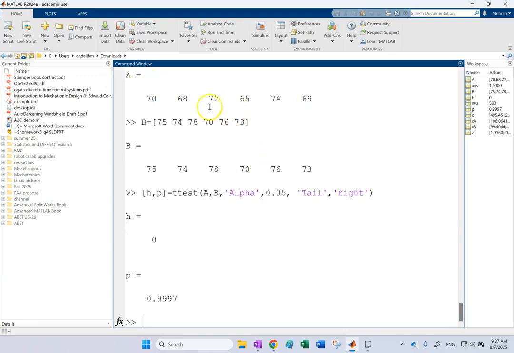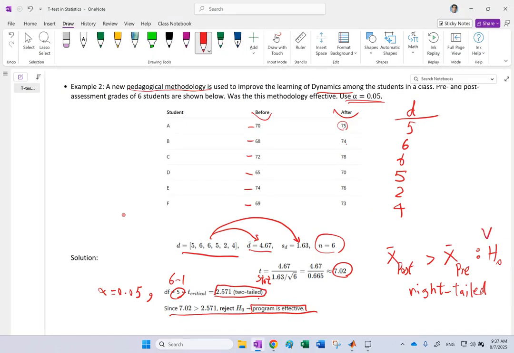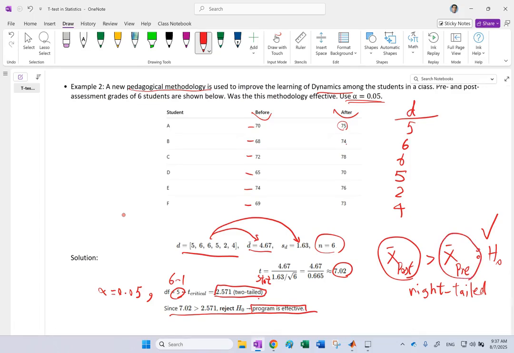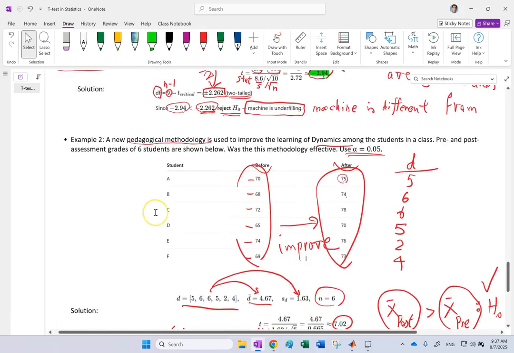These are the data for group A and B, and I did a right tail with 0.05, and look here, your H becomes 0 and your P is almost 1. And H of 0 means you cannot reject the null hypothesis. So here basically I have to accept it and I have to say yes, this methodology actually improved the grades. From this group to this group, there is an improvement. Okay? So that was the right tail t-test.